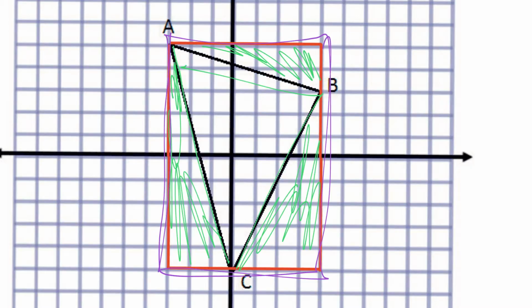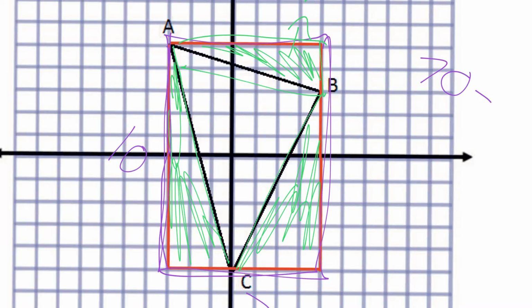So the whole rectangle is 10 by 7, so it would be 70 minus, and then you need to figure out what all these triangles are. This triangle looks like it's 2 by 7, so this would have an area of 7, 14 divided by 2.